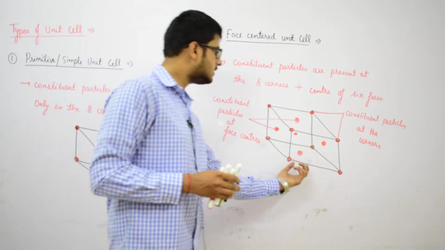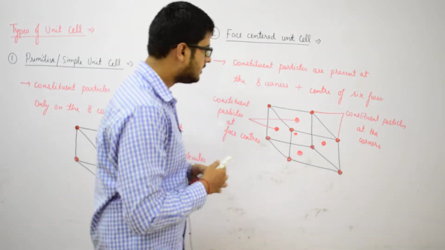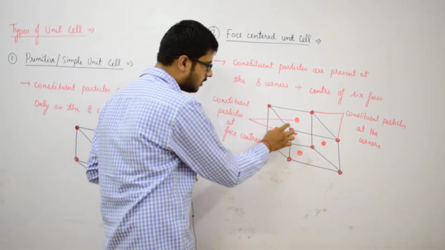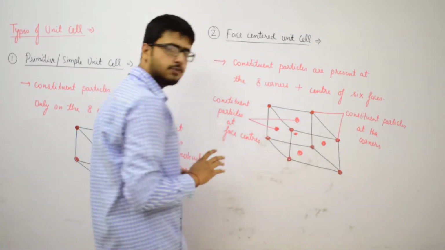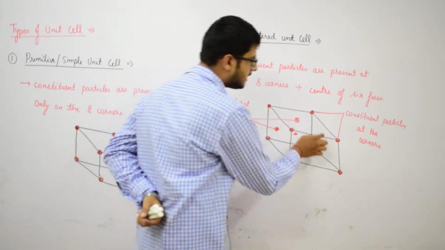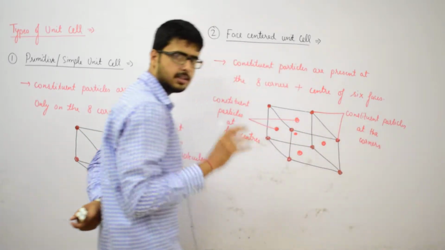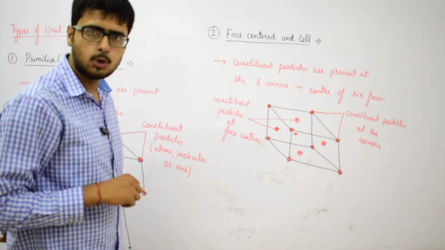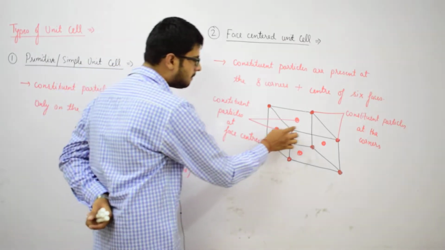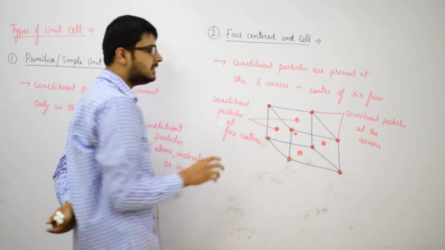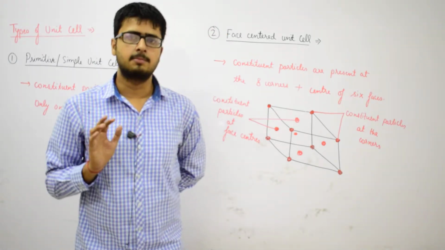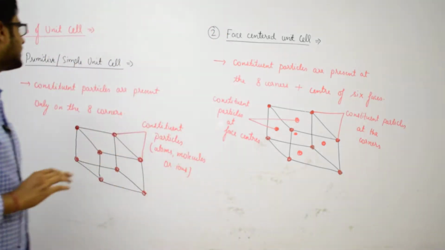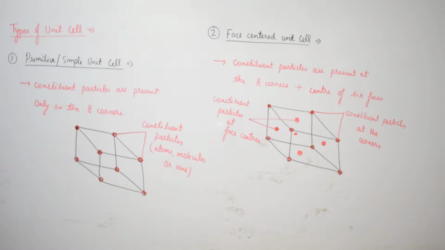So, these are the particles on the corners, and these are the particles found at the center of the 6 faces of the unit cell. So, these are the first 2 categories of unit cells.